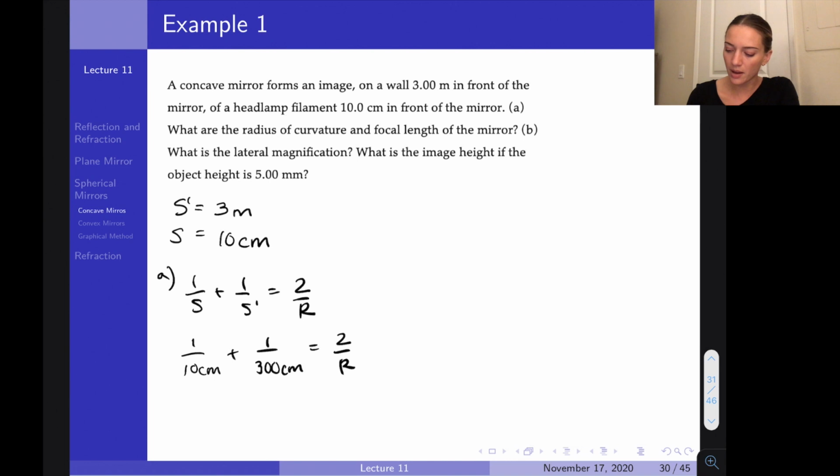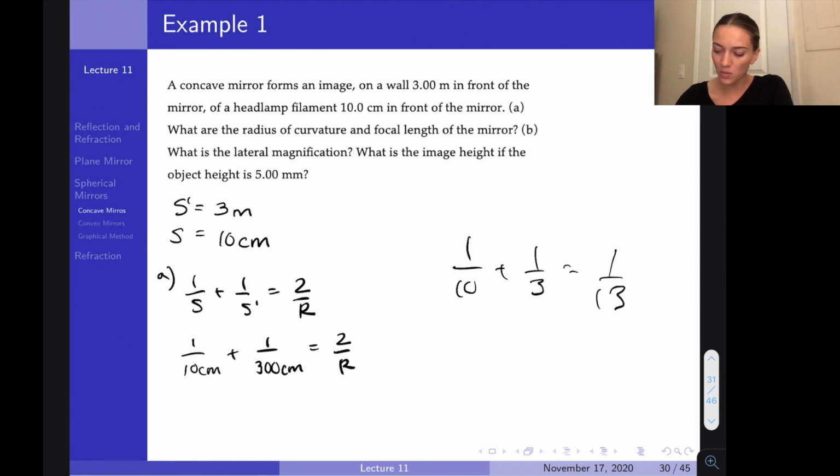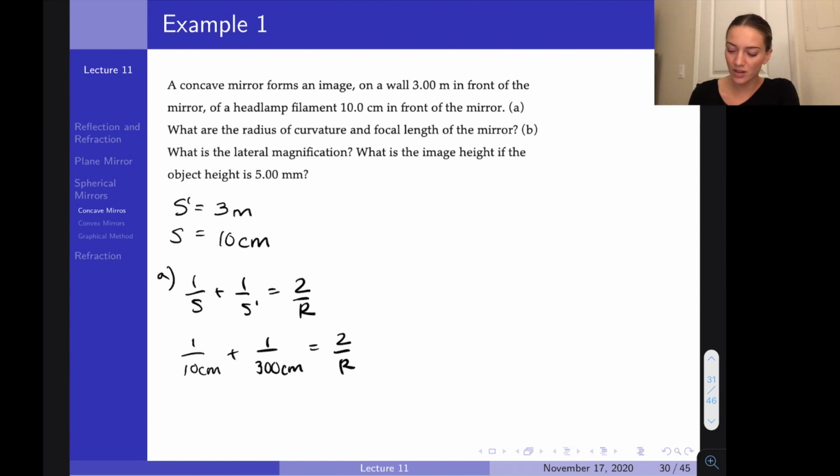I'll put in all the steps in the notes when I upload them, but be very careful when you're adding fractions. A lot of people see 1 over 10 plus 1 over 3 and just make that 1 over 13. That's obviously not how you add fractions. So be very, very careful with your fractions when doing the algebra.